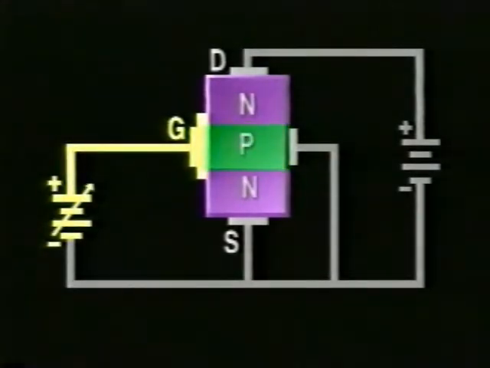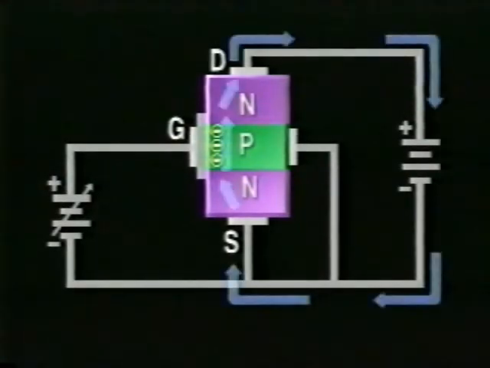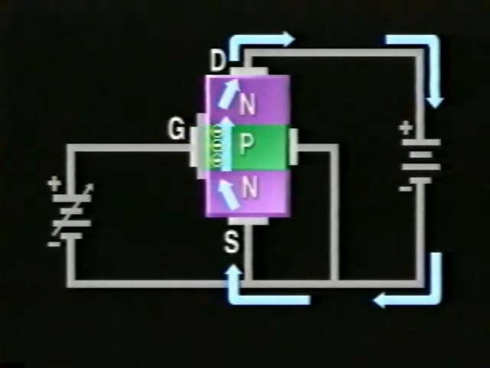The positive potential that is applied to the gate draws electrons through the P material toward the gate. Because it's insulated, however, the electrons can't flow into it. Instead, they accumulate at the gate and form a thin layer that acts like N material. When this layer is created, a conductive channel is formed through which current is able to flow.